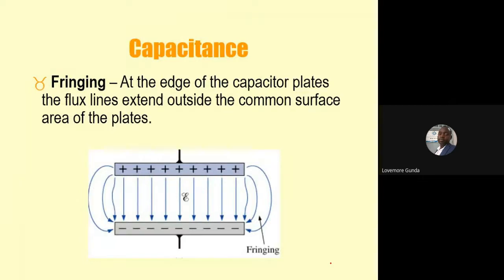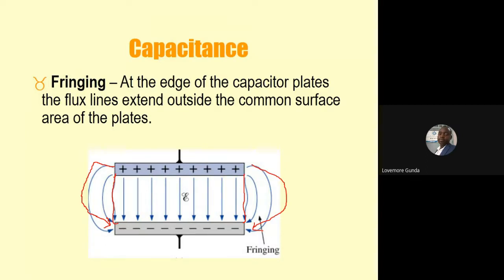So, when you are looking at a capacitor, in our assumption, we said all the electric flux lines are bound within the area bound by the plates. But in reality, the flux also bulge out of the common area, and this effect is what we call fringing. However, in our analysis, we will ignore fringing.